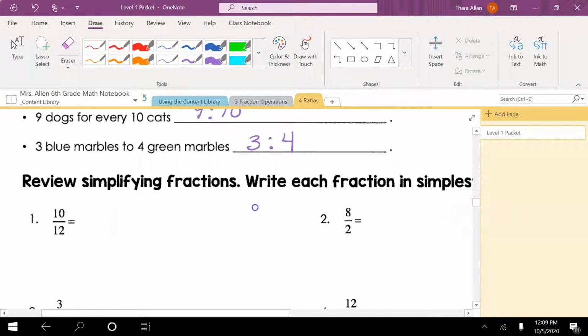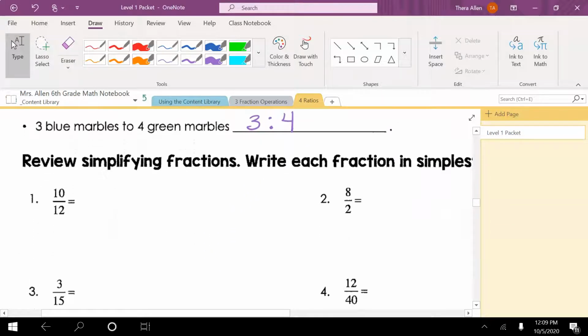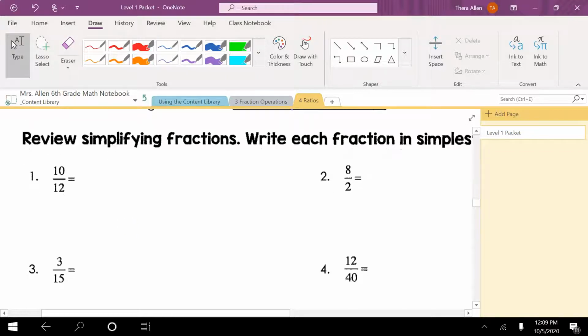Now simplifying ratios. Now these look like fractions. They are in fraction form. And we're going to simplify these fractions just like we did before. So we're reviewing how to simplify fractions. Remember, it is the same way to simplify ratios. These could be ratios written in fraction form.